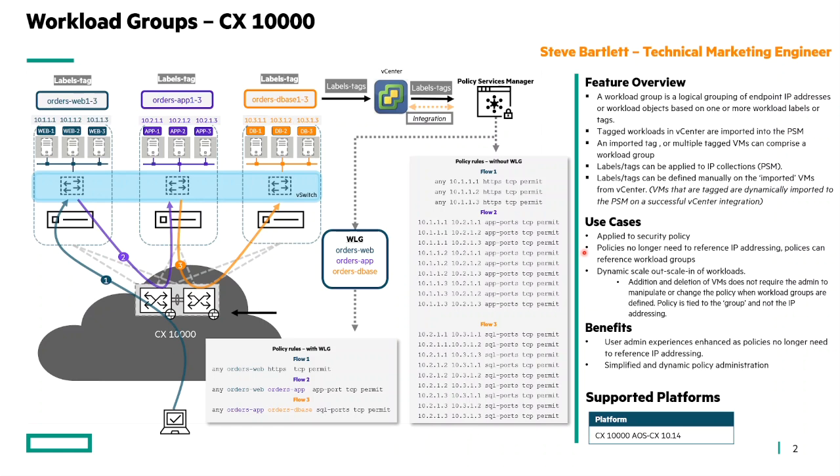This supports dynamic scale-out of workloads, with additions, deletions and general changes: we just manipulate the workload group to handle adds, moves and changes. We don't have to change the policy itself. A lot more dynamics come into play when we use this system, as we don't need to reference the IP addressing. So simplified, dynamic policy administration, gotta be a good thing, right?